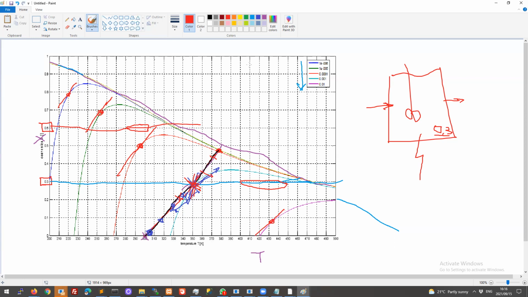So we can go ahead and connect these points together. We can draw a line here. And that is what we call the maximum rate line. Noting that this maximum rate line is specific to the slope, right?